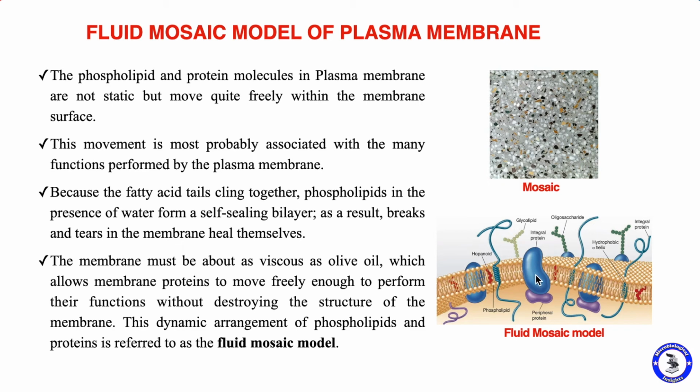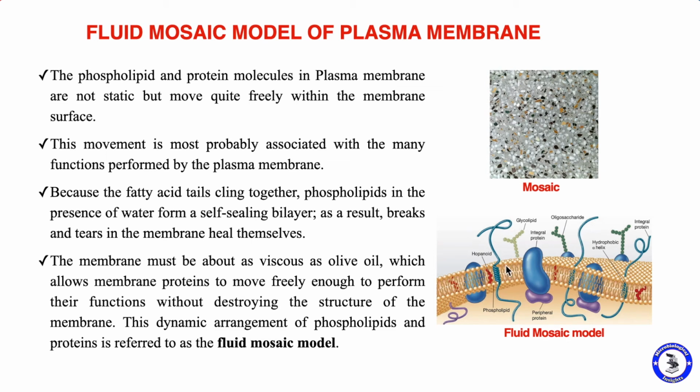Why do these phospholipids and proteins move from one place to another inside the membrane? To carry out their functions, they can move. And when we see the structure of the phospholipid molecule, the phospholipids are arranged here, and these are the fatty acid tails. These are polar heads.